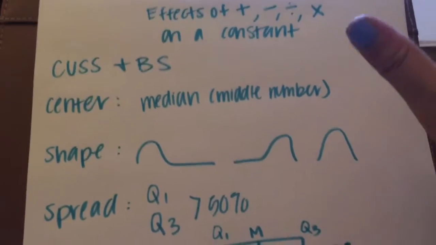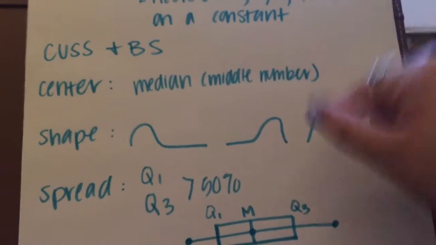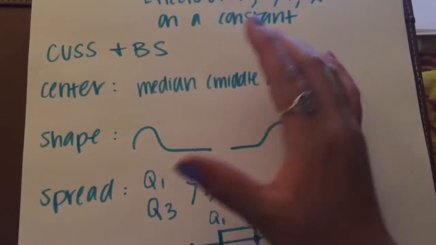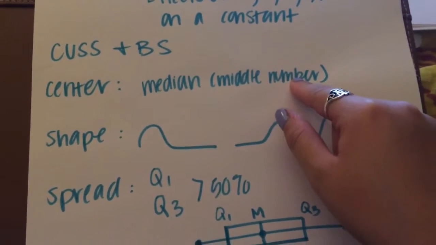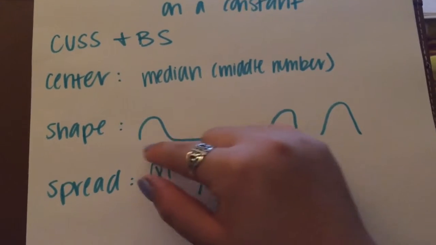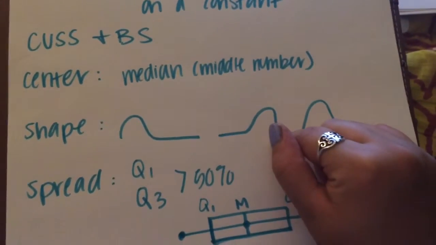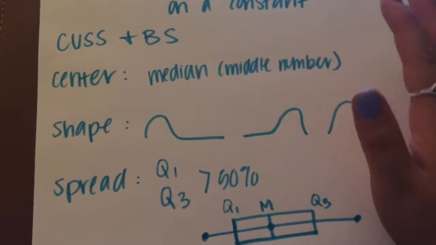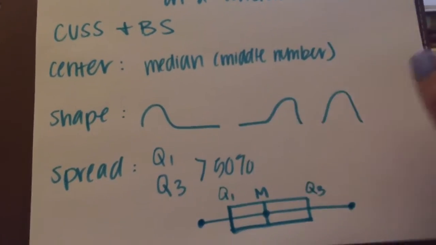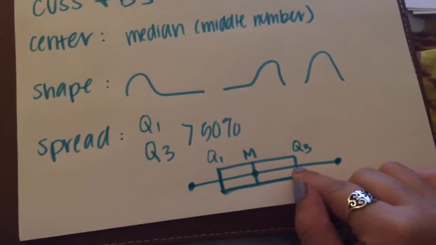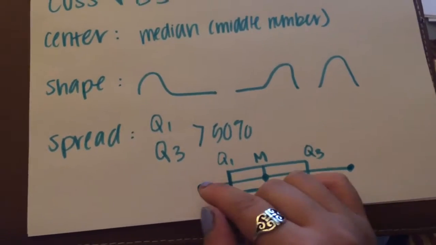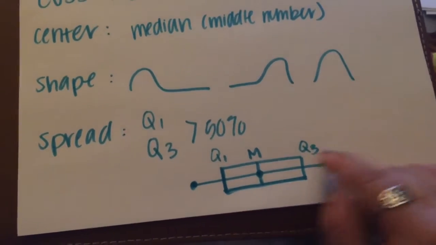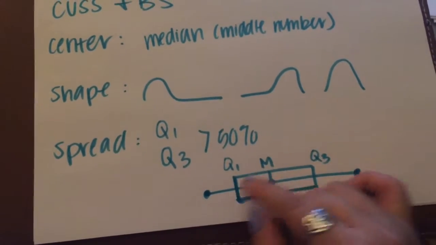And so you have all your data points and you do a dot plot, and once you graph it, you kind of study it. You look at the median, you find the middle number. And then for the shape, is it skewed to the right, is it skewed to the left, or is it unimodal and pretty symmetrical? And then for the spread, the box and whisker plots, where you graph the lowest number, the highest number, the middle number, and the numbers in between.